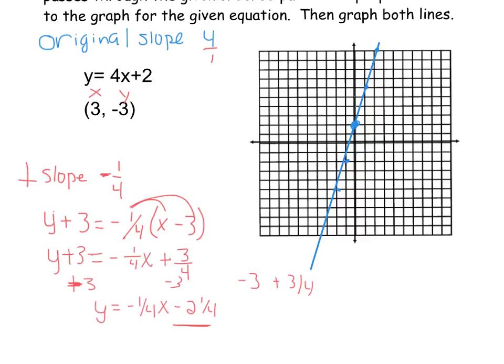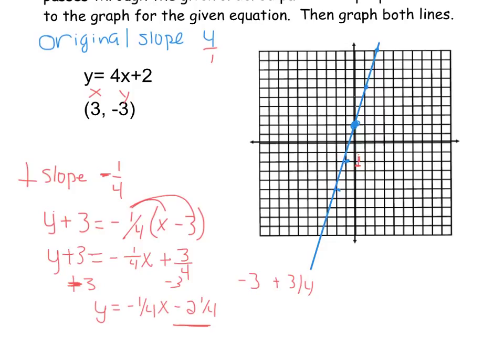this, we have to be a little bit more careful. So now we have to start at a negative 2 and a 1/4. And it's easier if this is blown up a little bit, negative 2 and a 1/4. But now you're going up 1 and back, so I went up 1.